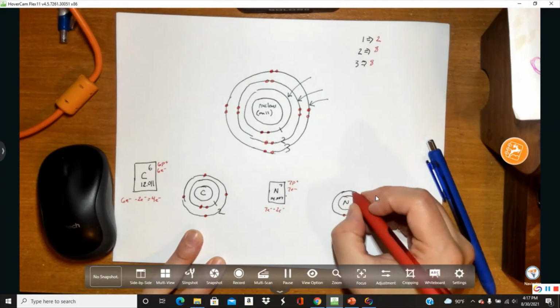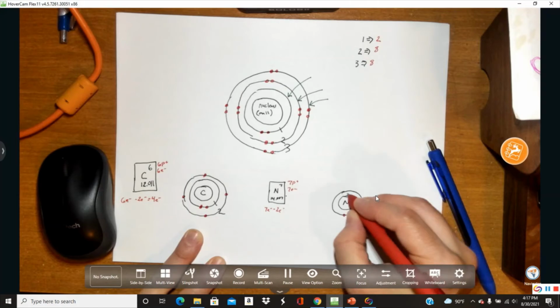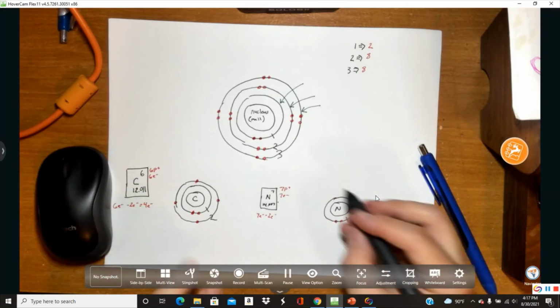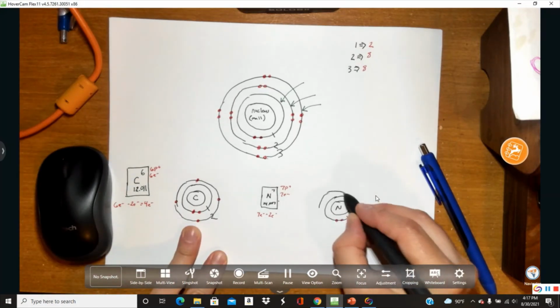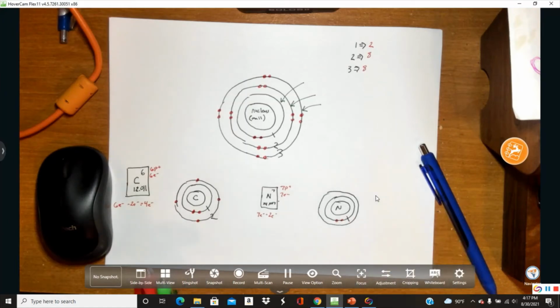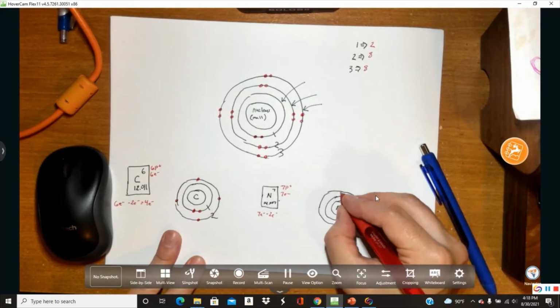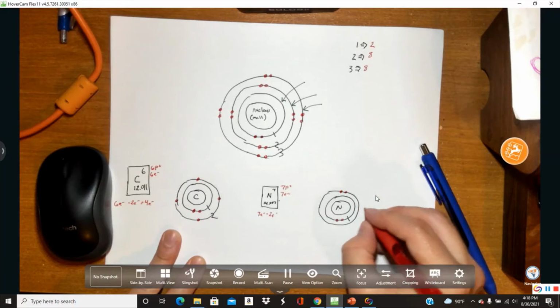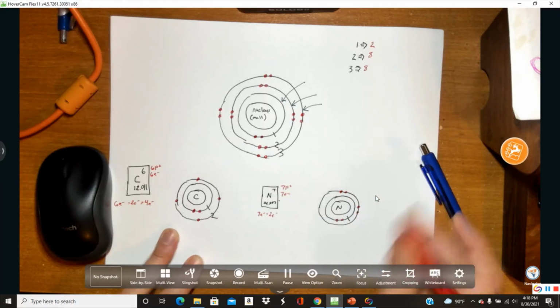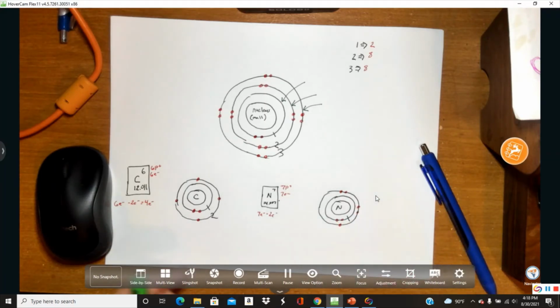Okay, so what I want to do, I was about to draw out the wrong thing. I was having to calculate in my head here, and I don't always feel comfortable. Okay, 2, 3, 4, 5 in the second shell.